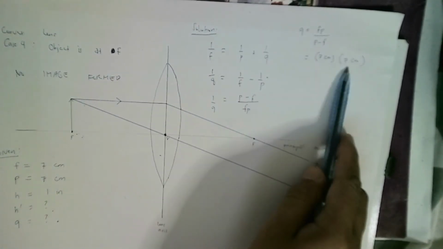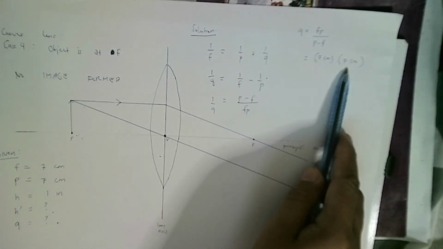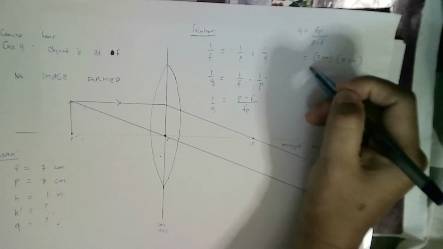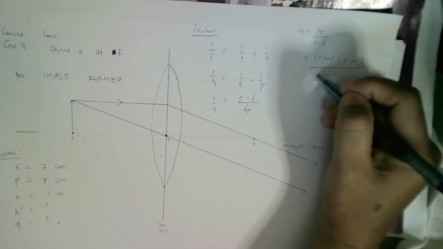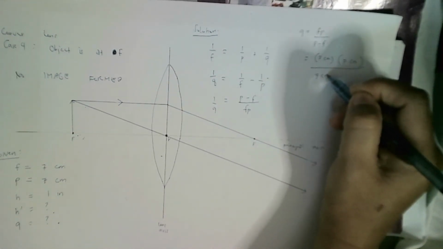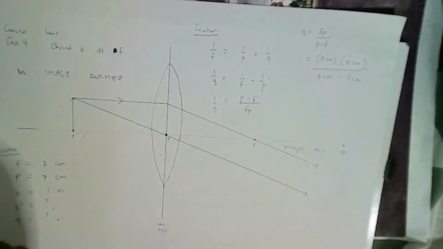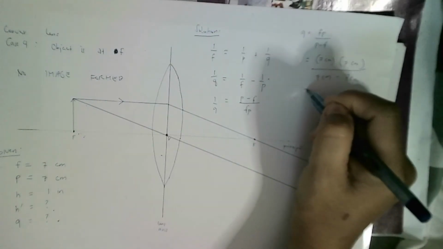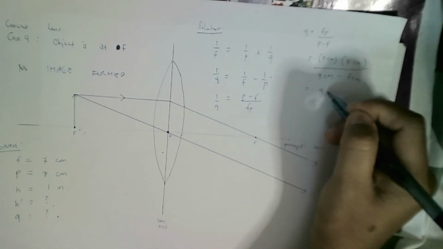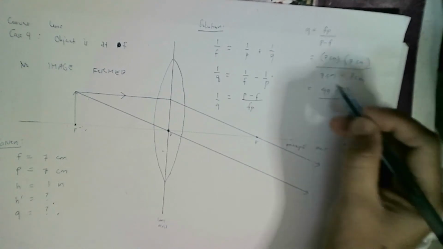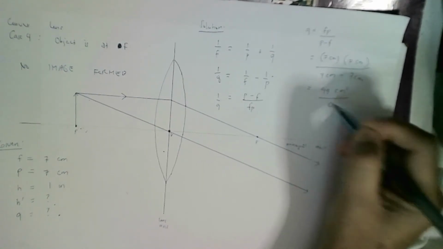Now p is always going to be positive, right? So that would be it. And then here you will have p minus f, which is 7 minus 7. And obviously, this boils down to 49 centimeters squared over 7 minus 7, which is 0.